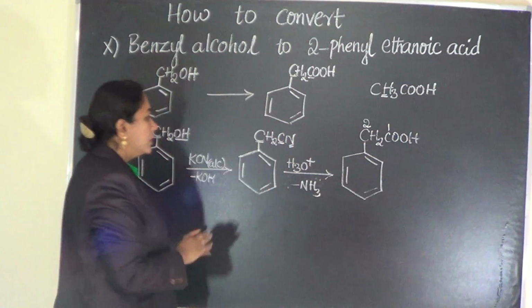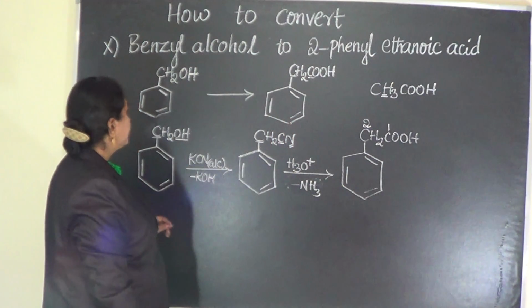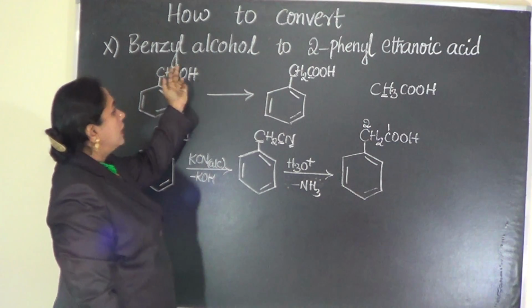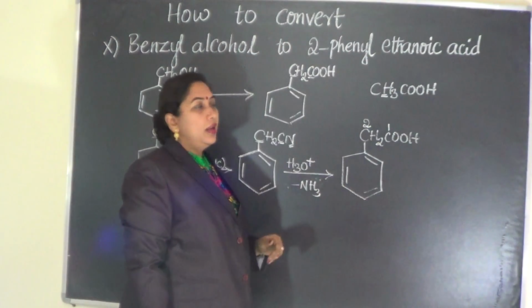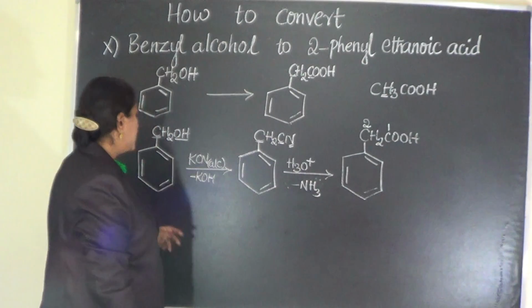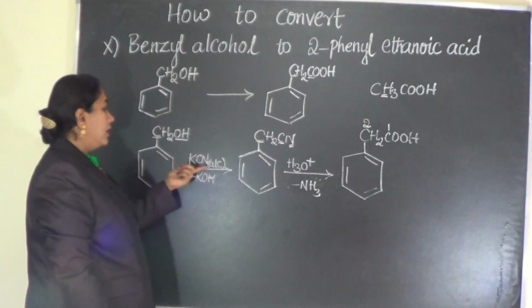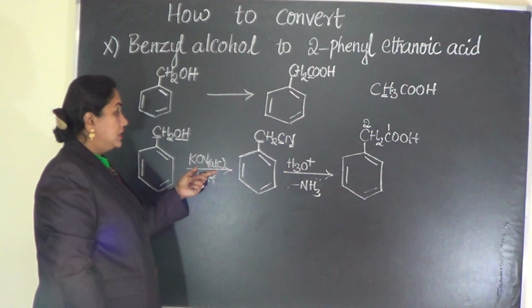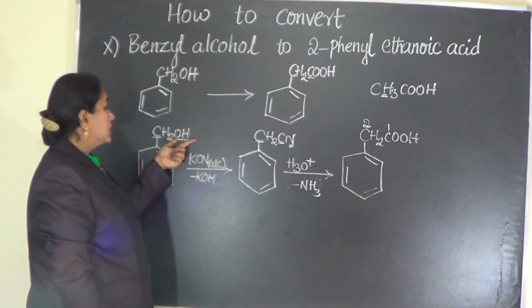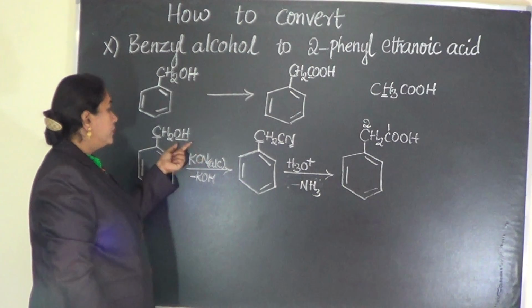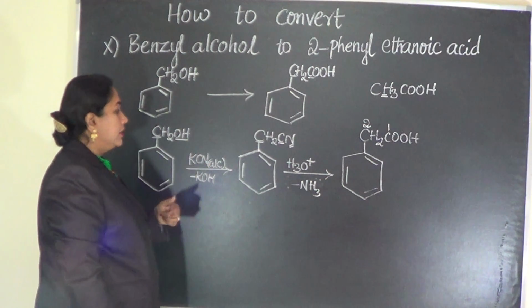So let me just go through a quick repetition of the steps. We can convert benzyl alcohol to 2-phenylethanoic acid in just 2 steps. In the first step, we are going to treat benzyl alcohol with alcoholic KCN. The nucleophilic substitution reaction takes place wherein OH is replaced by CN.